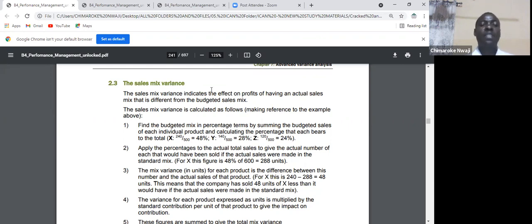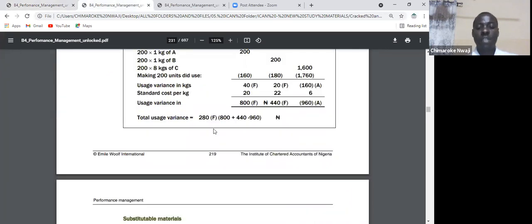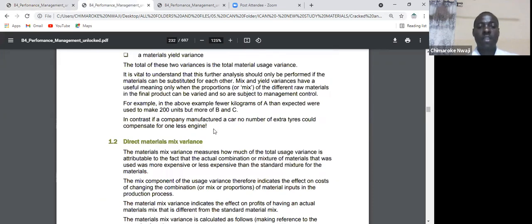One, the sales mix variance is calculated by first finding the budgeted mix in percentage terms. You can leave it in percentage if you want to, or you can leave it in fraction.